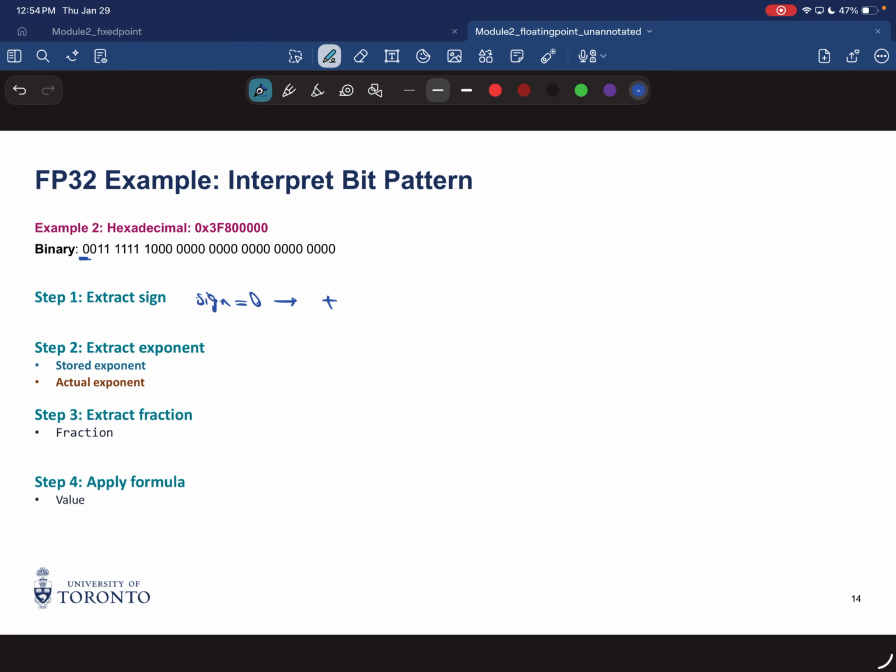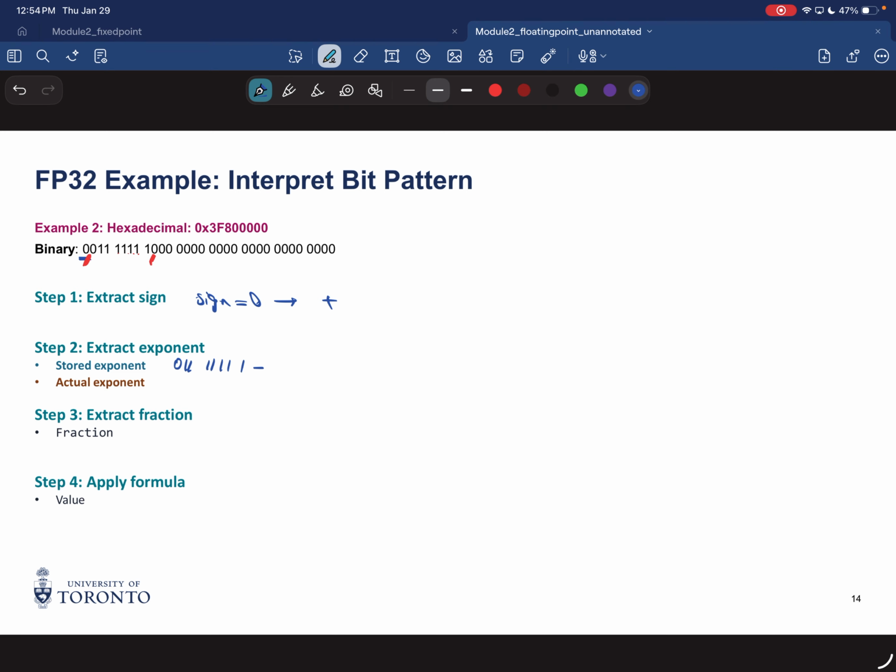Then we are extracting the exponent. The next 8 bits are the exponent, so the stored one is 0, 1, 1, 1, 1, 1, 1, 1.